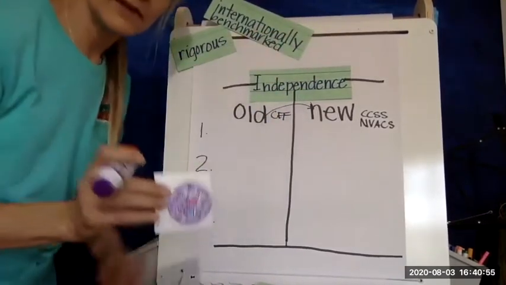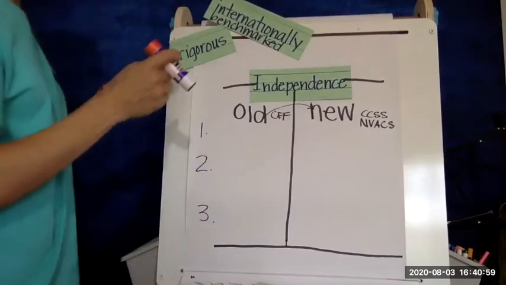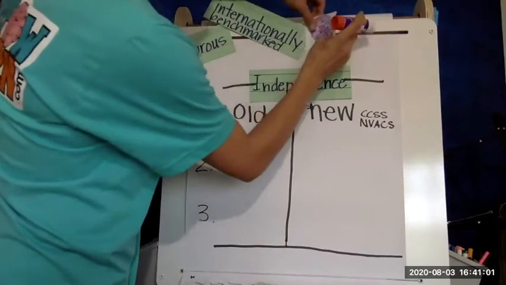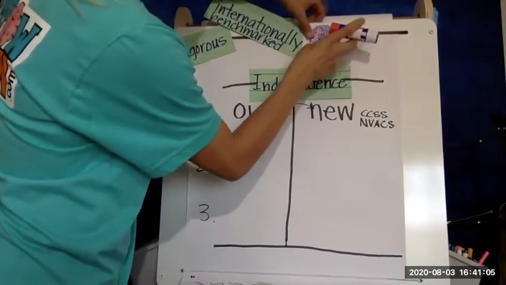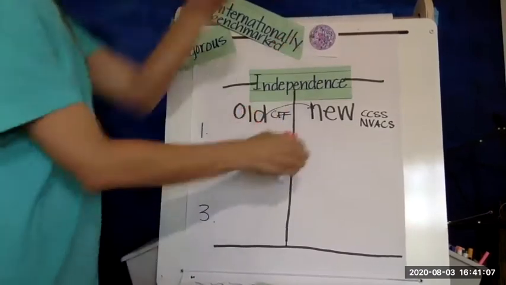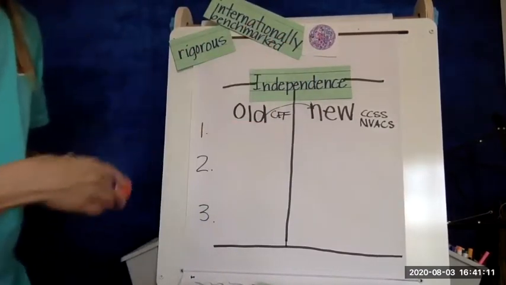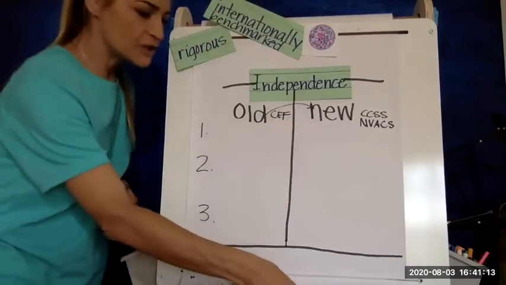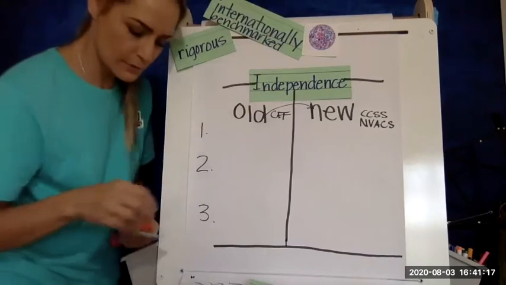When you teach vocabulary words, if you think that there's a word that your kids might be unfamiliar with, you can put a picture or a graphic, you can draw your own, you can print one up from the computer, it's totally up to you. But it gives them a picture clue to remind them what the word means. So they are internationally benchmarked, which means that we're seeing how we can compare across the globe.